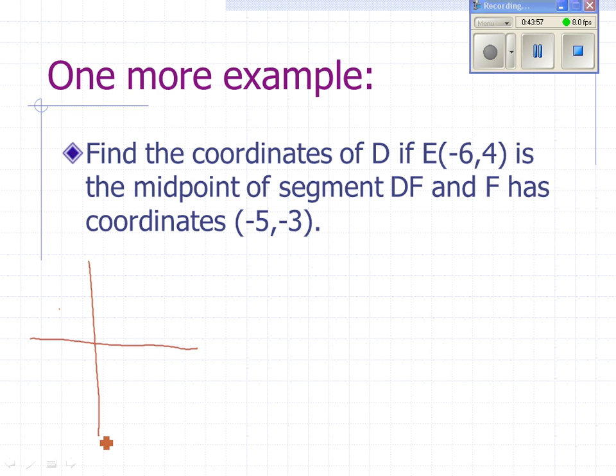So they're telling you the midpoint. Instead of you finding the midpoint, they're telling you the midpoint. We know that F is negative 5, negative 3, somewhere about here. That's point F. D is negative 6, 4, somewhere about here.